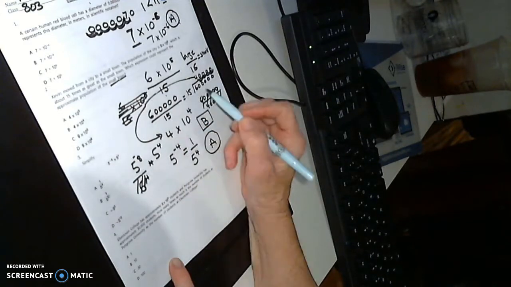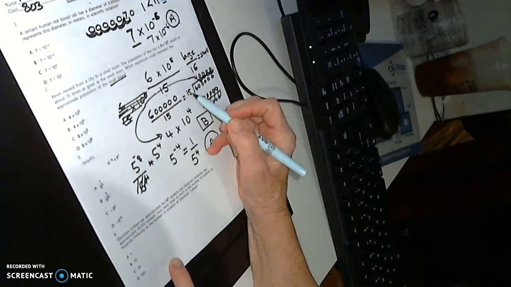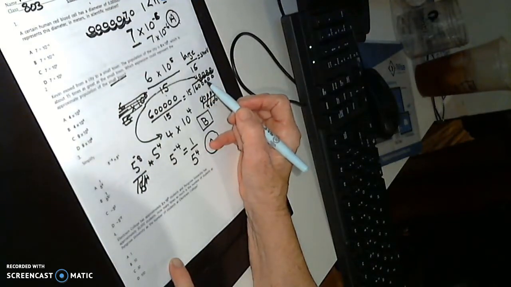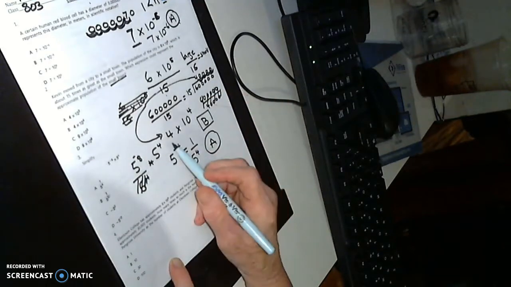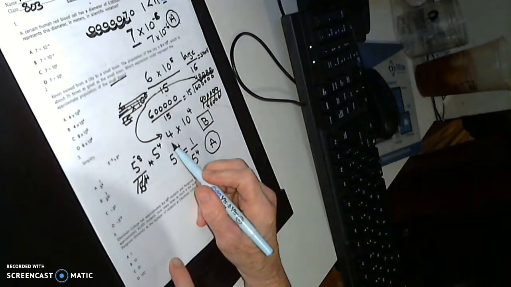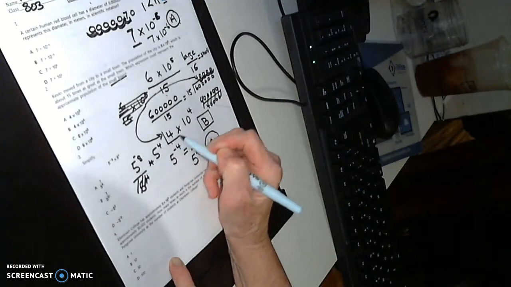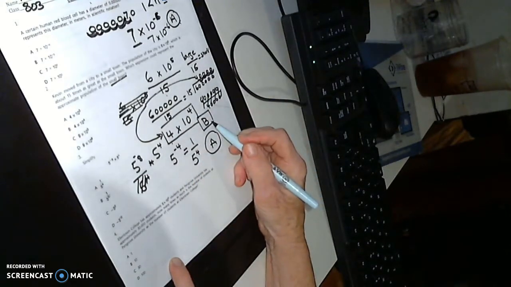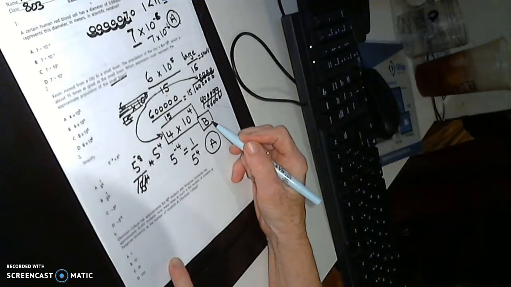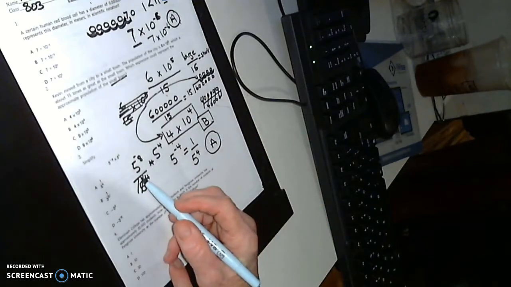Divide that by 15, and I get 15 into 600,000 goes 40,000 times. I rewrite my 40,000 in scientific notation as 4 times 10 to the 4th, which is letter choice B.